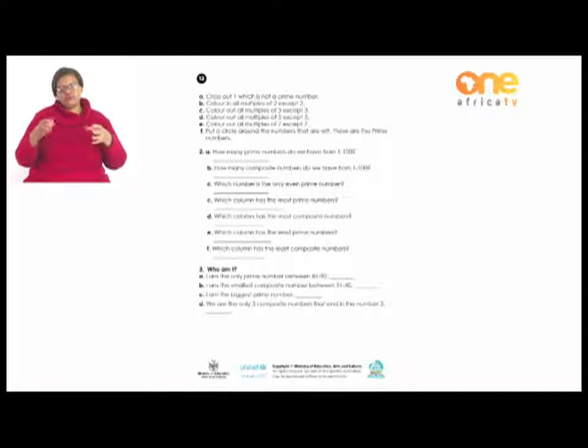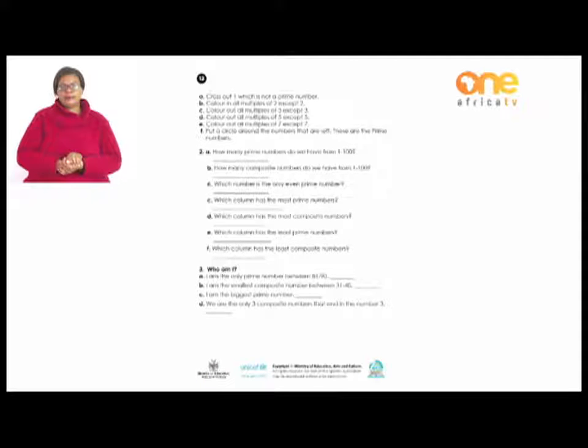Okay? So I want to encourage you to do this, take your time, and make sure that everything is correct. Because once you are done with that activity, it will help you to answer question 2 of this activity. So let's look at question 2. 2A.